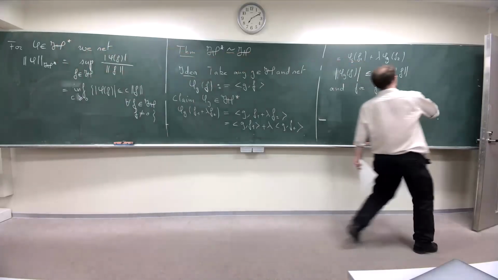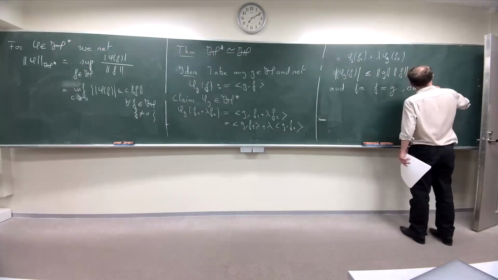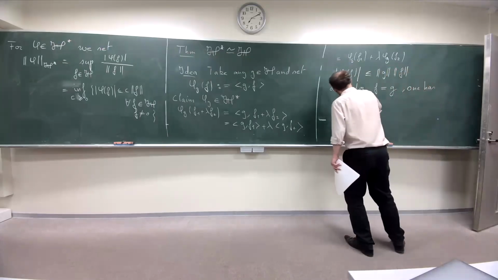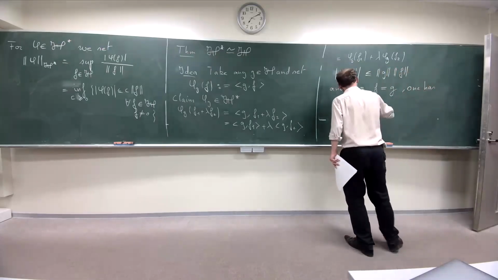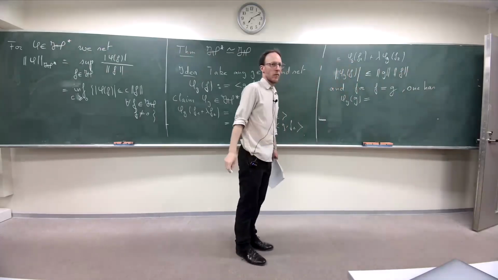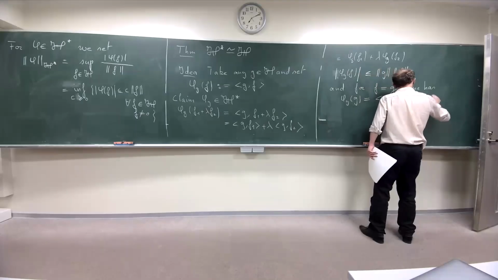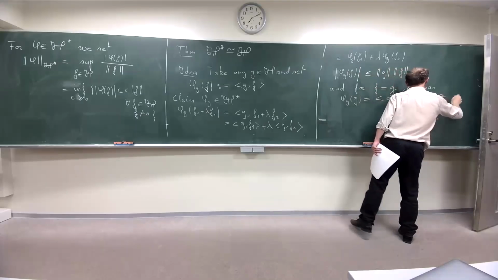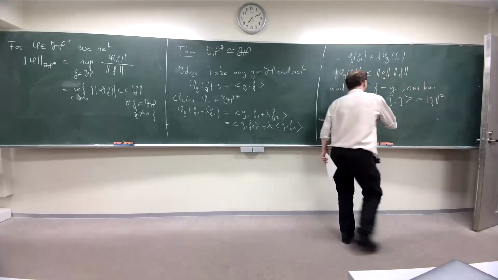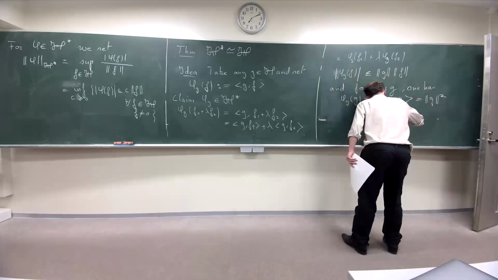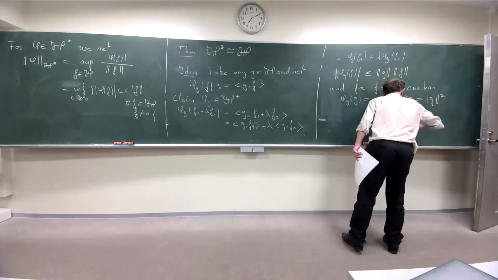One has phi j of G. It is G, G, which is the norm of G squared. And probably I should write it is the norm of G times the norm of G.